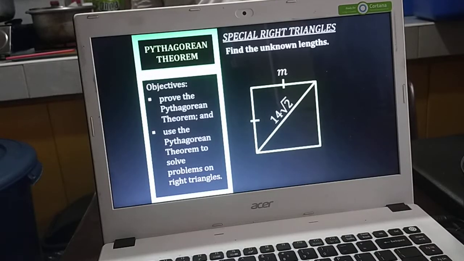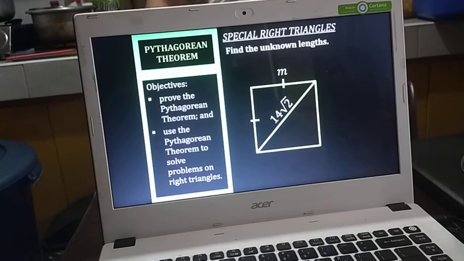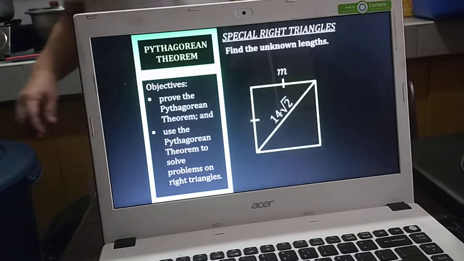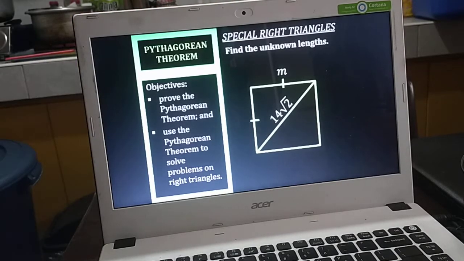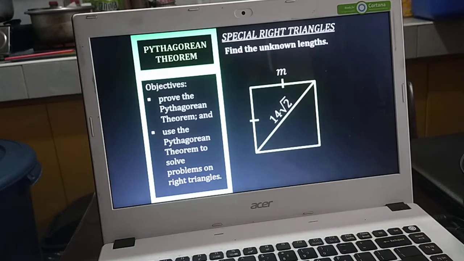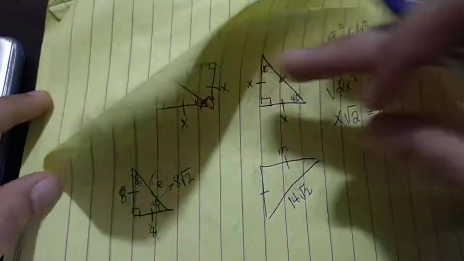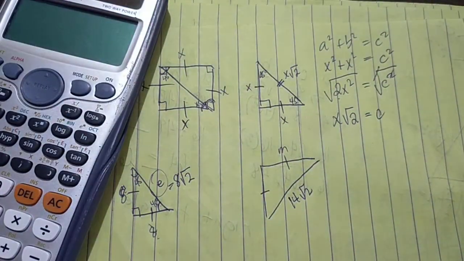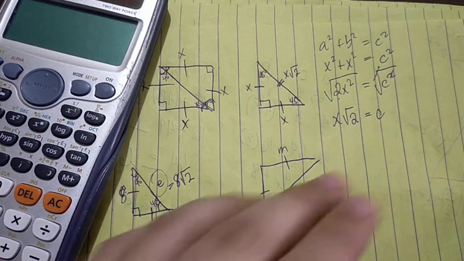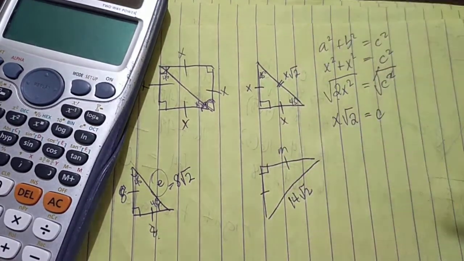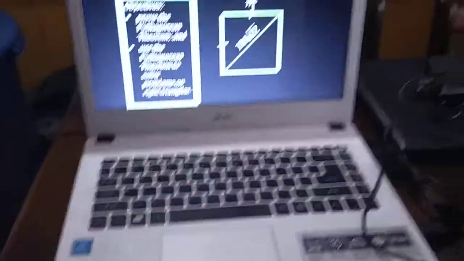Now in this case we're looking for the two sides. We're given the diagonal of a square, and we're looking for the equal legs. So we have 14 square root of 2, that's our hypotenuse. This is our 90-degree angle. Kinopya lang natin yung kanina.